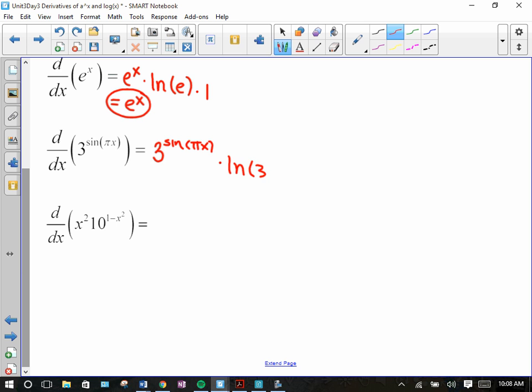That's what it would be, times sine pi x, times pi. You got that? First thing you do is you just repeat what you have, times the natural log of the base. Then you take the derivative of the exponent, sine pi x, which is pi cosine pi x.